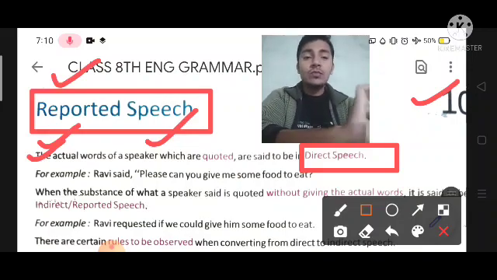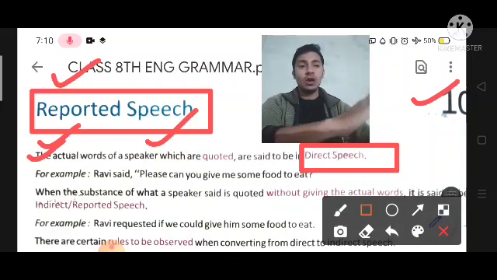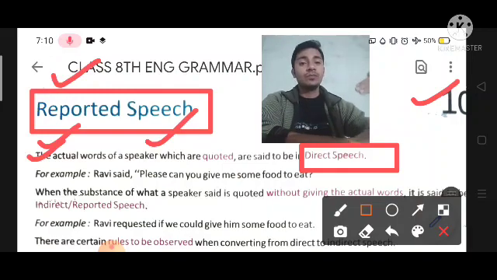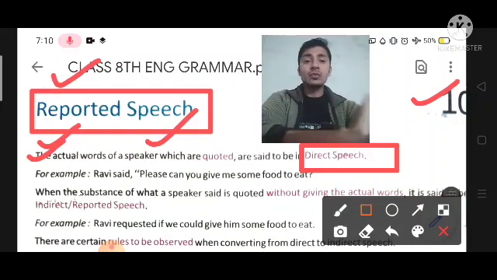So the actual word of the speaker is the speech reported directly as the reporter has said. So the actual words of a speaker which are quoted are said to be direct speech.